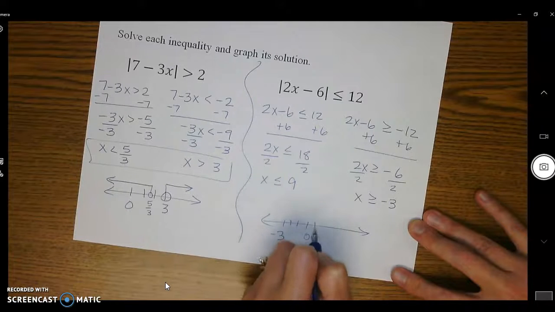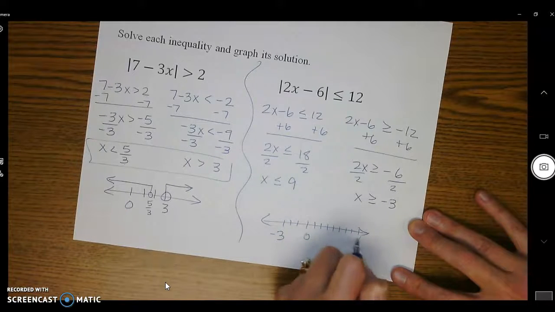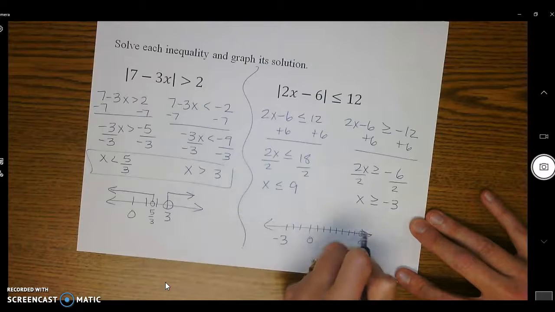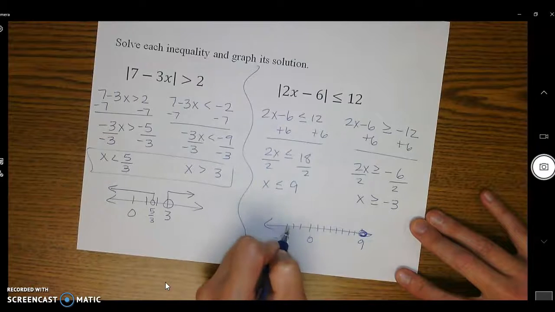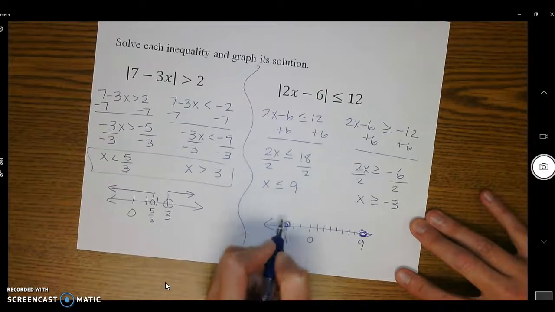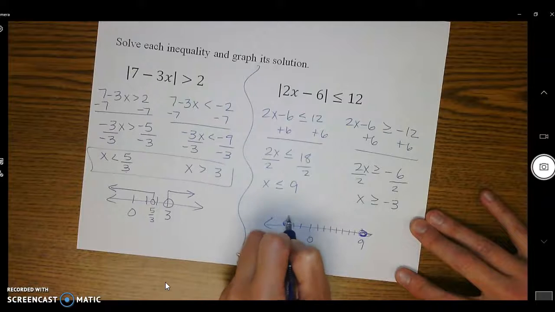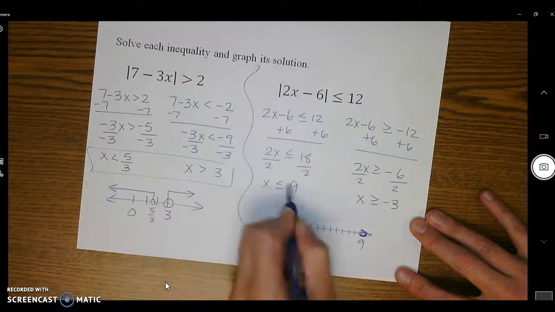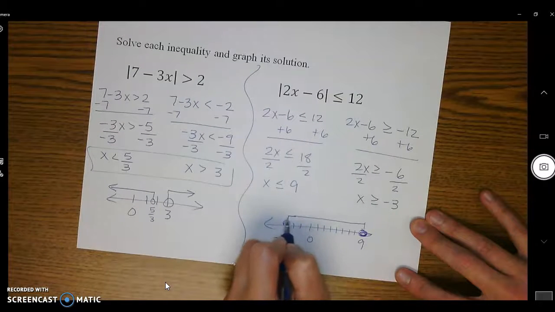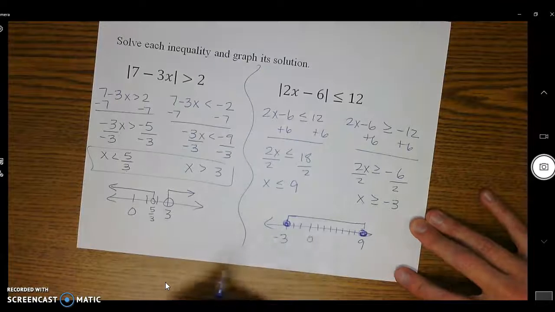Here's negative 3. 9. Solid circle on that one. Solid circle on this one. I want all numbers greater than negative 3, but smaller than 9. So all of these right here will work.